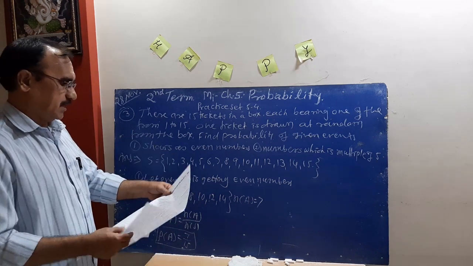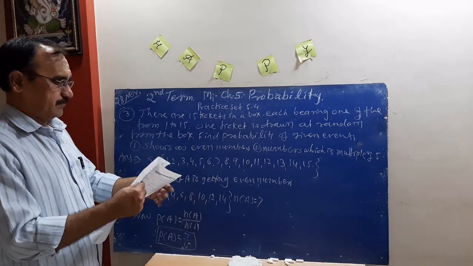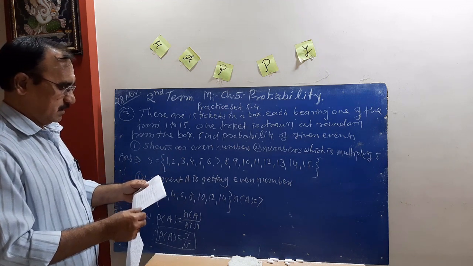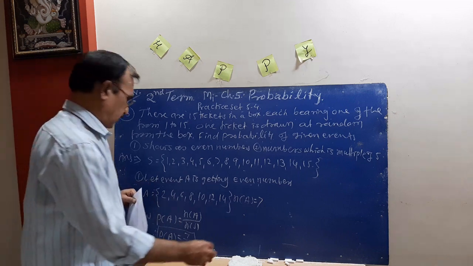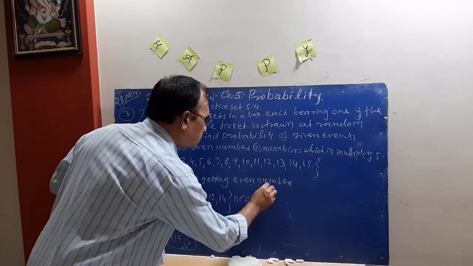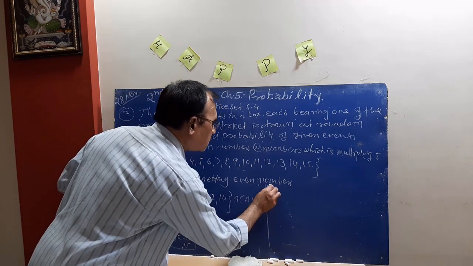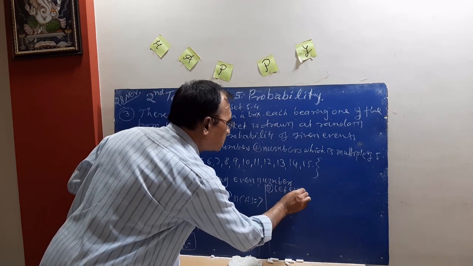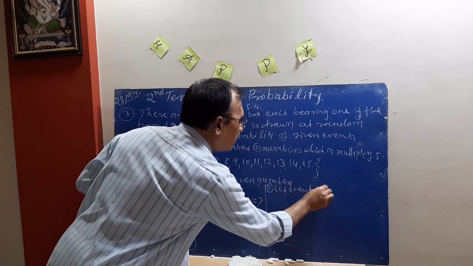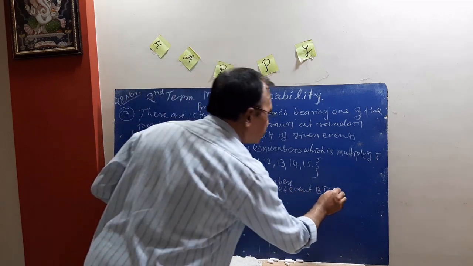And then the second event is, let event B be getting a number which is a multiple of 5.